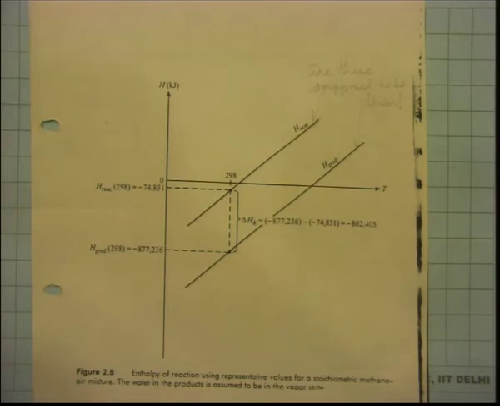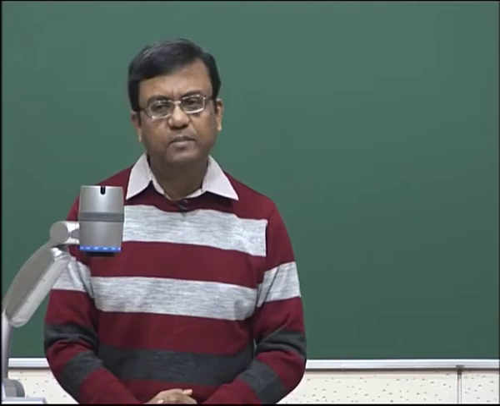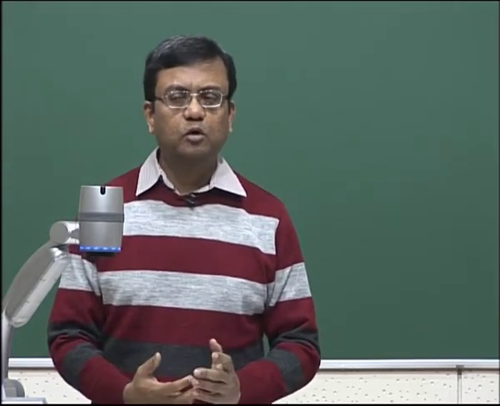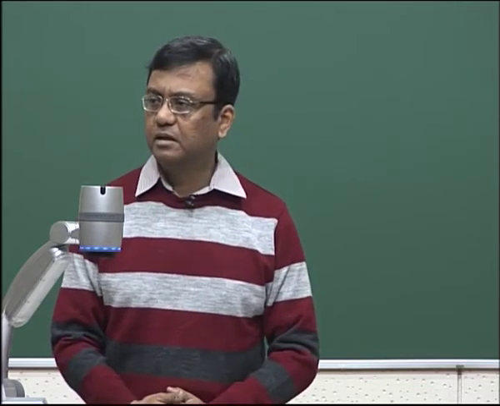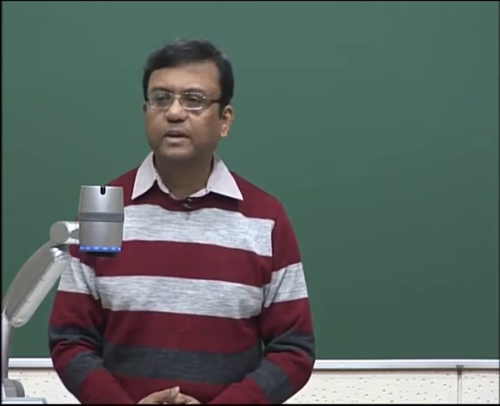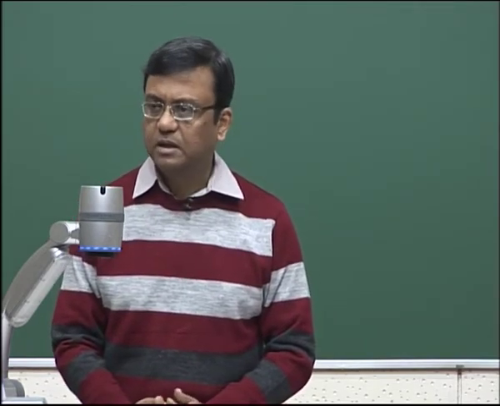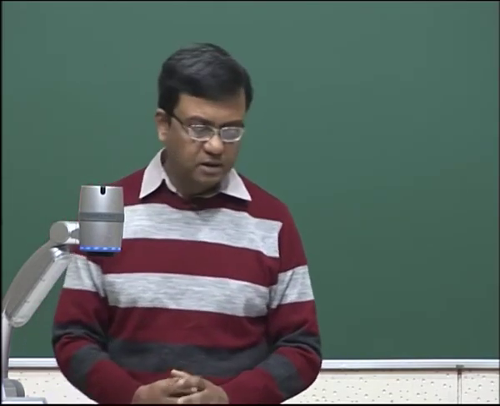Now, what should the unit of this be? This must be kilojoule per kilomole of methane. So, for 1 kilomole of methane, this is the enthalpy of reaction that you get. If you want to convert it to kilojoule per kg of methane, then you have to divide it by the molecular weight of methane. The molecular weight of methane, you know, is 16, but a more exact value is 16.043.